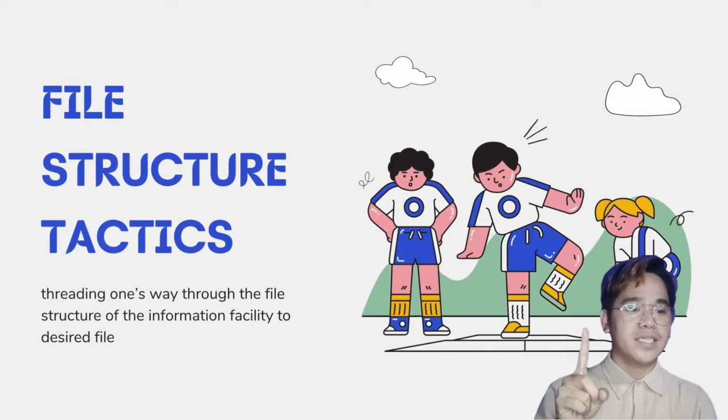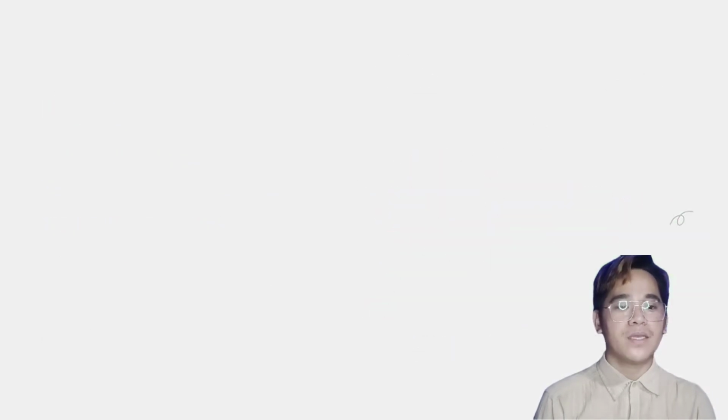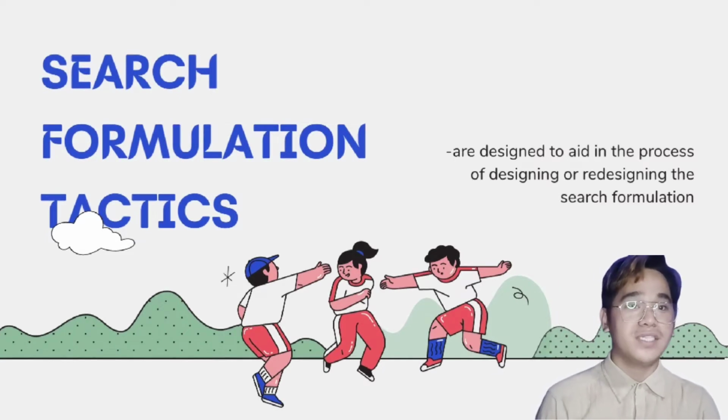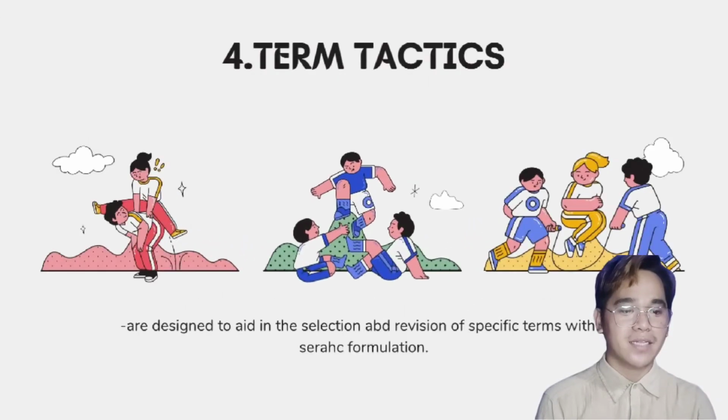The second one is the file structure tactics. It means threading one's way through the file structure of the information facility to the desired file. Third is the search formulation tactics, designed to aid in the process of designing or redesigning the search formulation. Fourth is the term tactics, designed to aid in the selection and revision of specific terms within the search formulation.